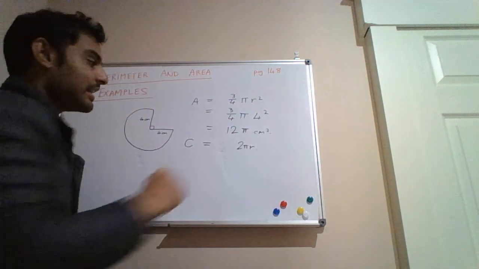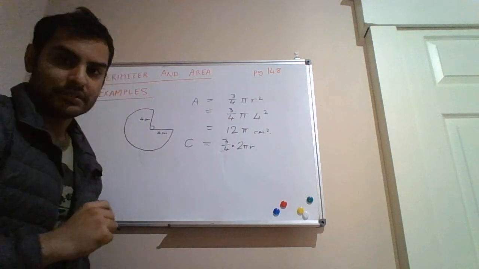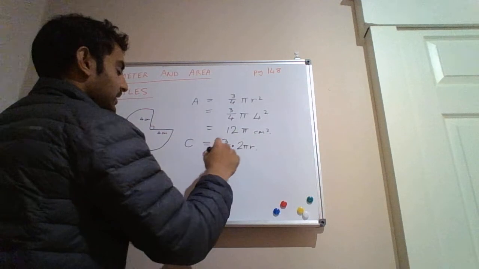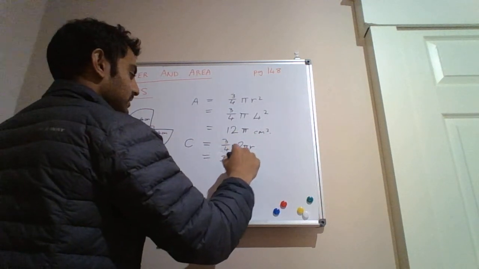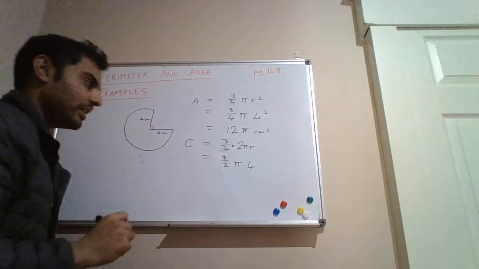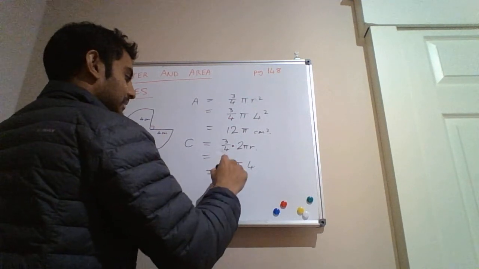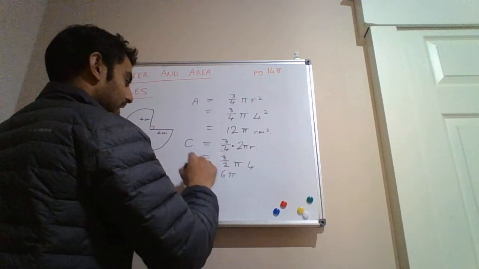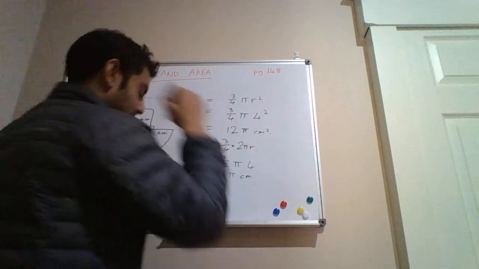And then once again, we're going to times it by 3/4. So this would come out to 3/4 times 2 is 3/2 times pi, and we substitute for the r 4. So this comes out to 6 pi, and our unit is centimeters.